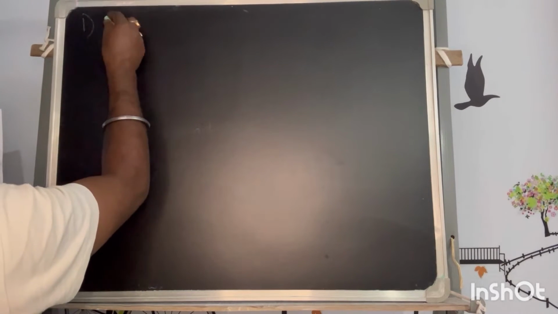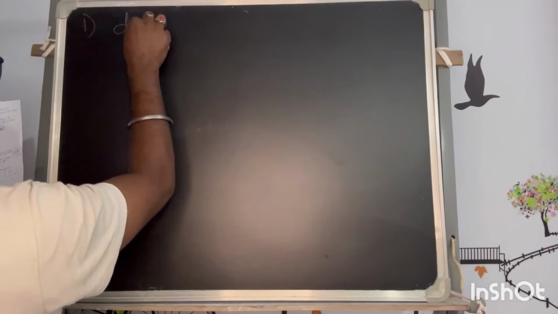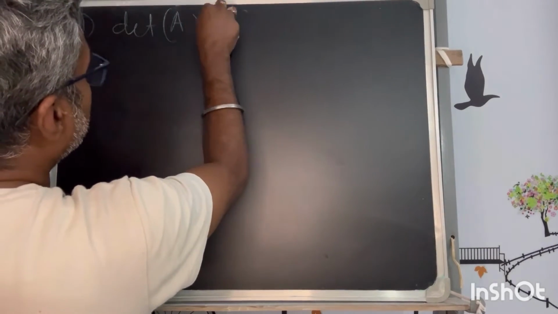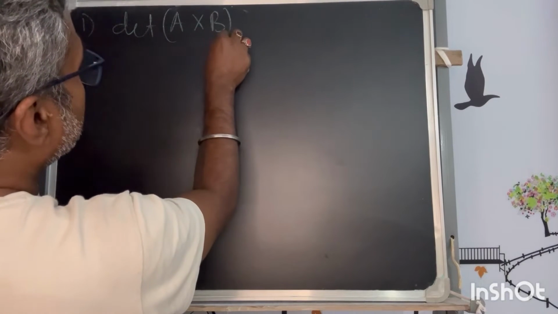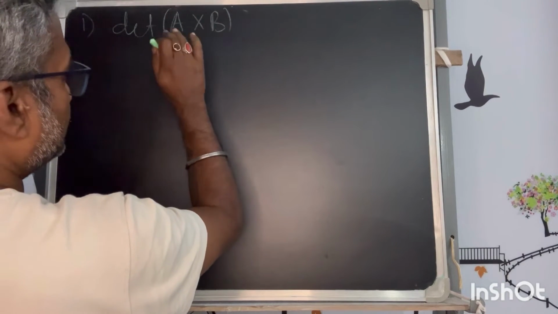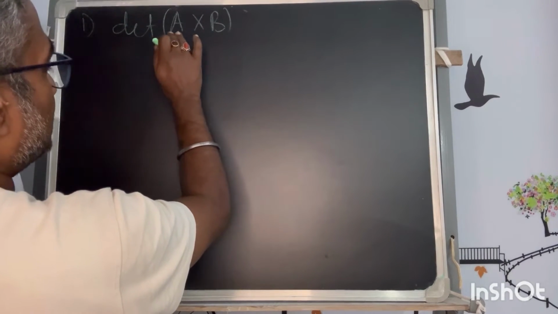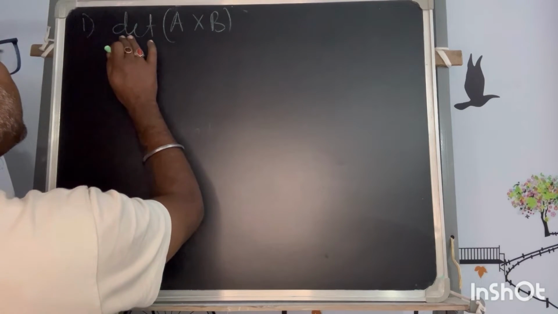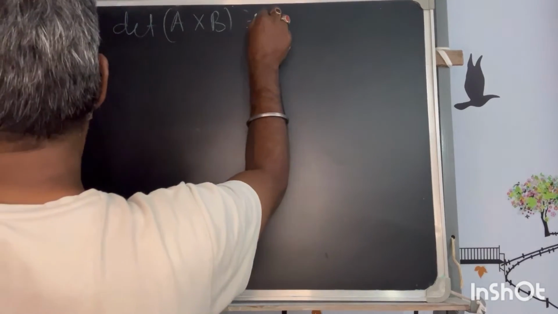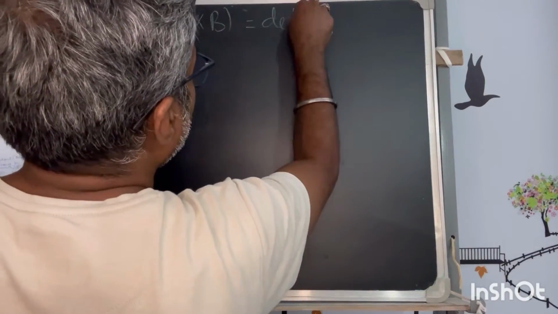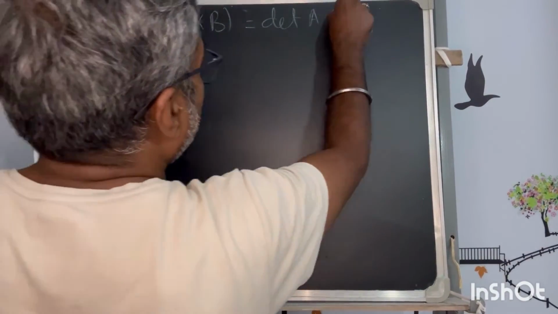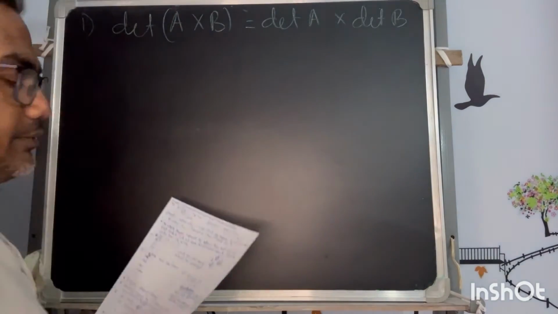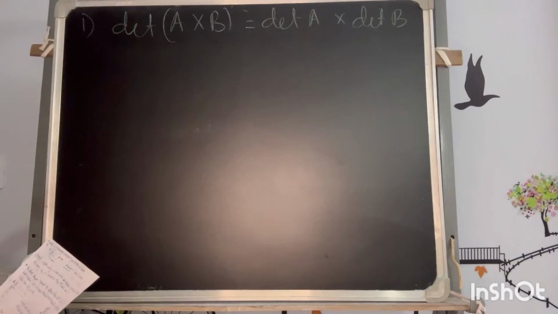The first one says that the determinant of A cross B, that means the product of two matrices, after getting the product value, if I take the determinant of that, it must be the same as the determinant of A multiplied by the determinant of B. This is the rule.